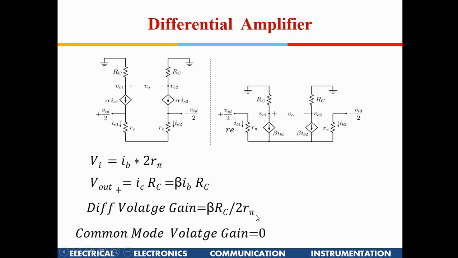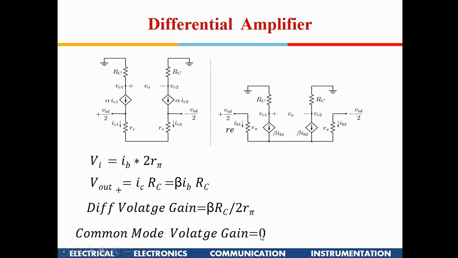If I divide these two, I get a differential gain of beta RC divided by 2 R pi. If you compare it with one side of a common emitter amplifier, it is beta RC by R pi. Here a factor of 2 comes, so the gain is half that of a common emitter amplifier. This 2 comes because there is a 2 R pi here.